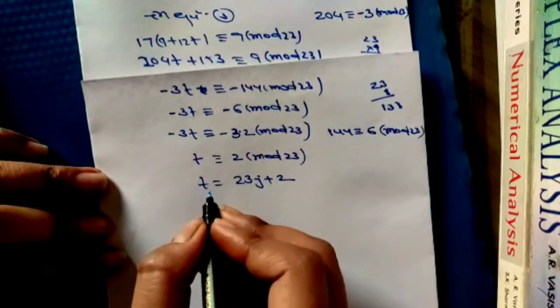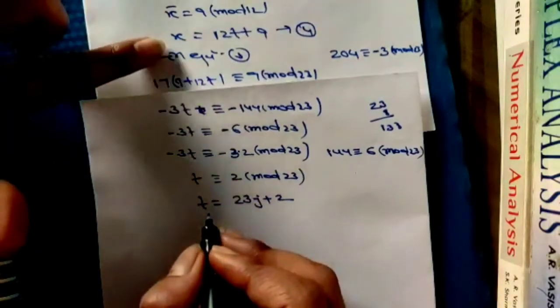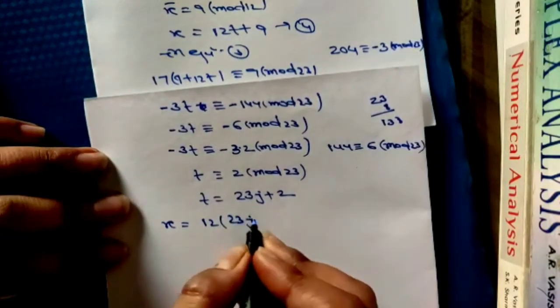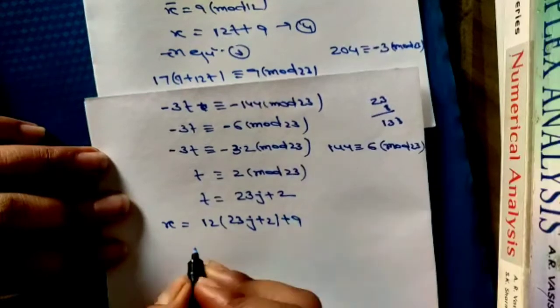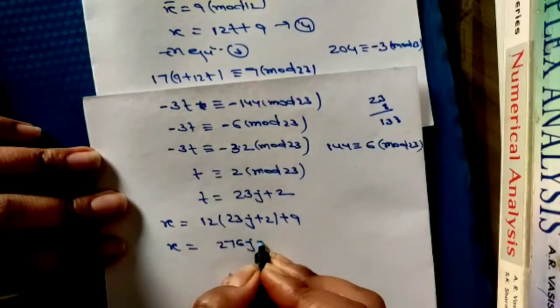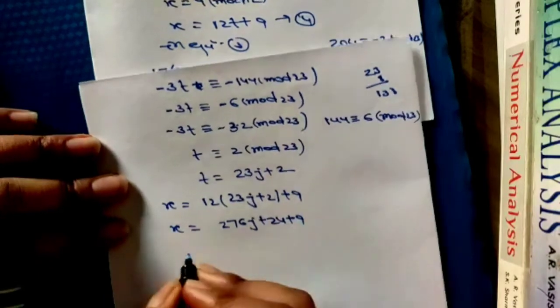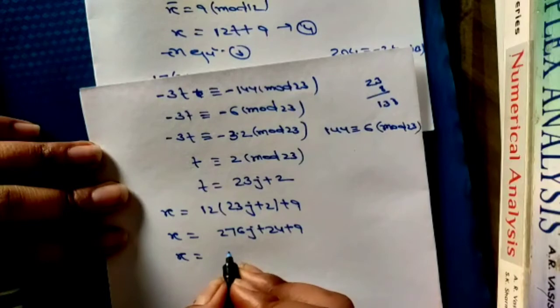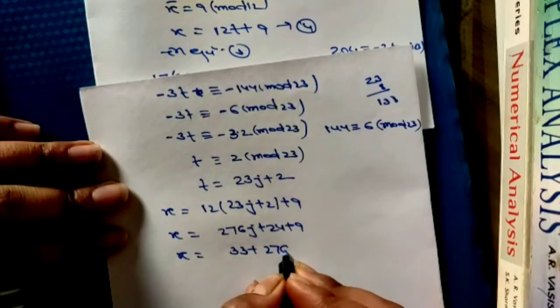Put the value of t in equation 4. We get x is equal to 12 times (23j plus 2) plus 9. We get x is equal to 276j plus 24 plus 9, so x is equal to 33 plus 276j.